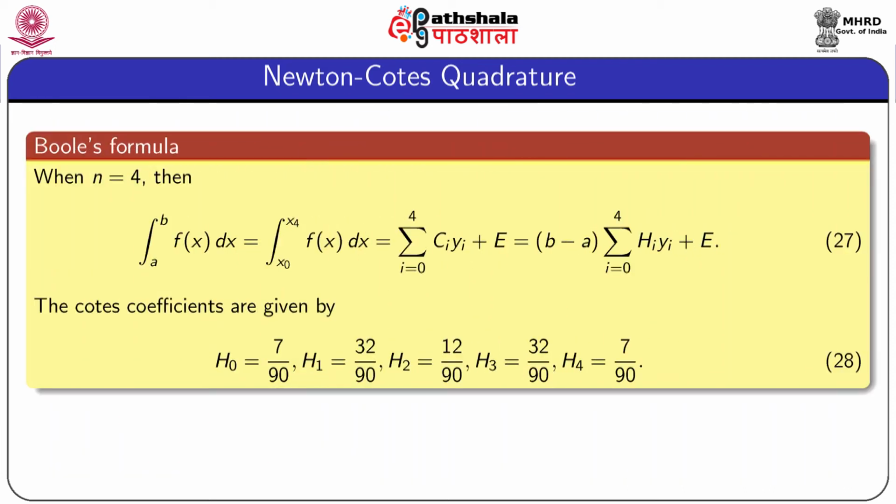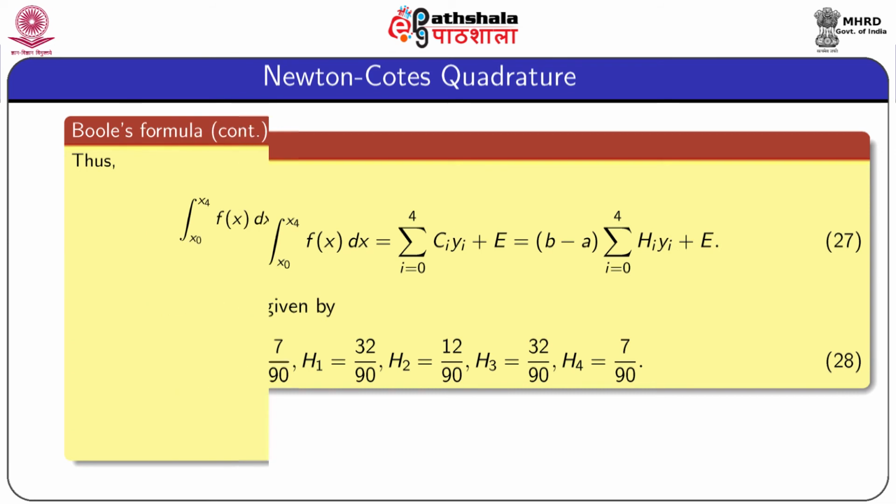Now, consider the case n equal to 4. In this case, the integration a to b of f(x) dx is approximated as the integral from x0 to x4 of f(x) dx, which is equal to (b minus a) into summation i equal to 0 to 4 of hi yi plus e, where the Cotes coefficients are h0 equal to 7 by 90, h1 equal to 32 by 90, h2 equal to 12 by 90, h3 equal to 32 by 90 and h4 equal to 7 by 90.